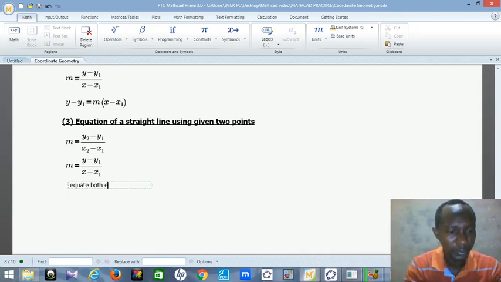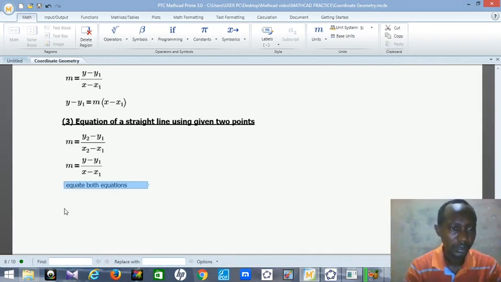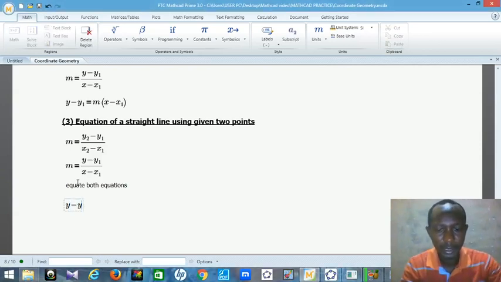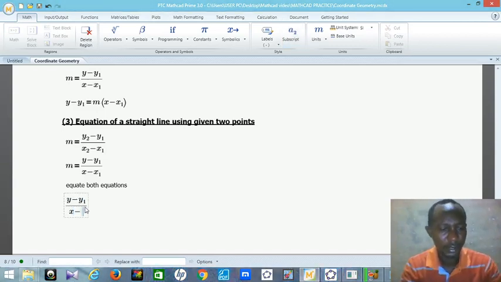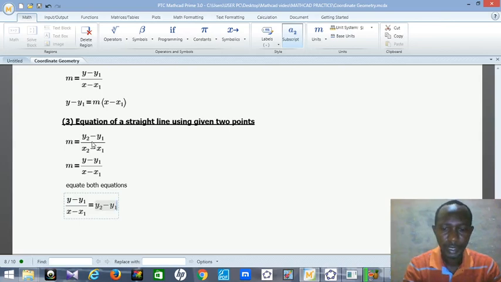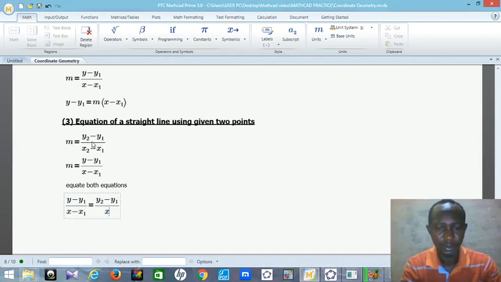When you equate both equations, you are going to get y minus y1 divided by x minus x1, equal to y2 minus y1 divided by x2 minus x1.